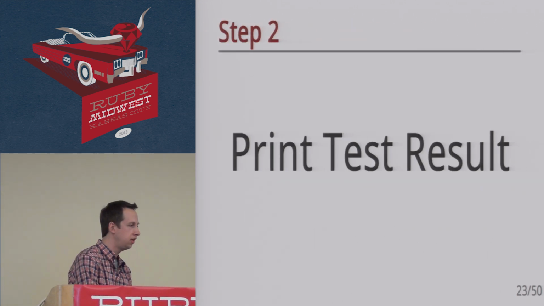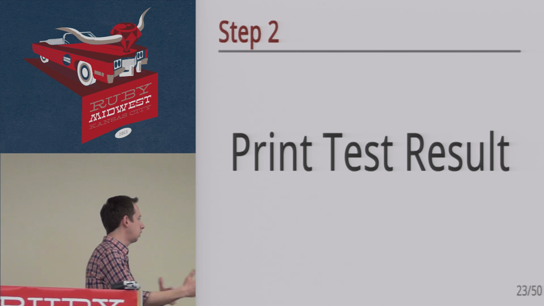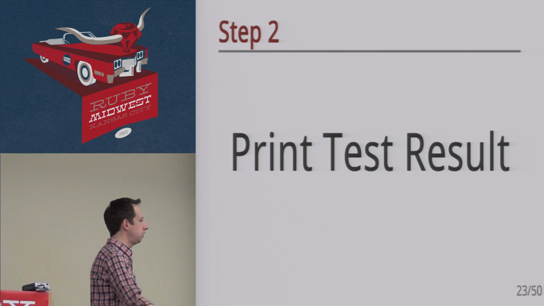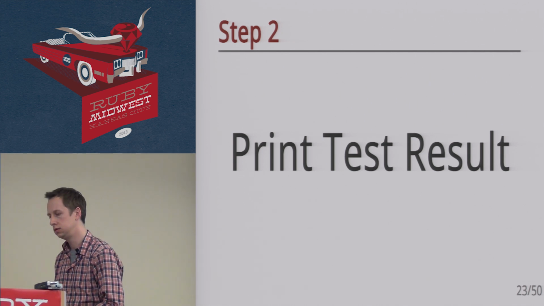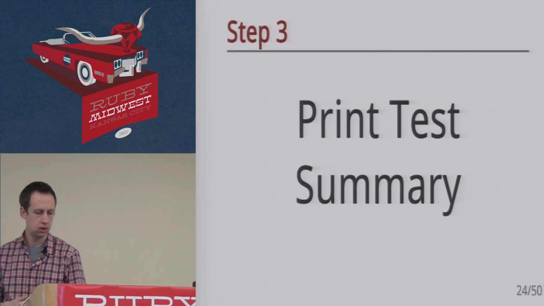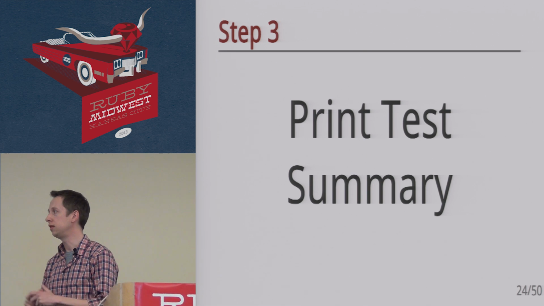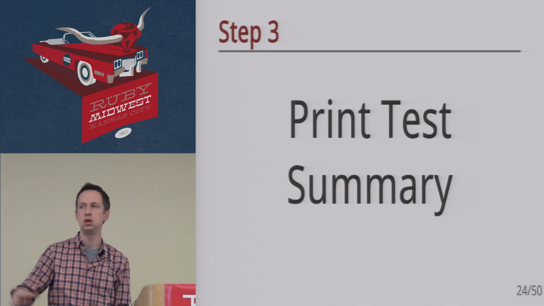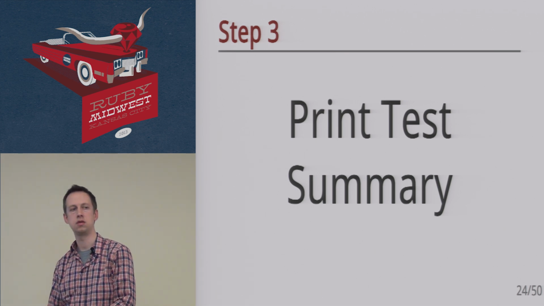And then we need to print the test results of that test, ideally in some kind of creative, fun way. And at the very end, we have to print a summary of all the test suites. So if we run 1,000 tests, we have to print the summary of all the tests.